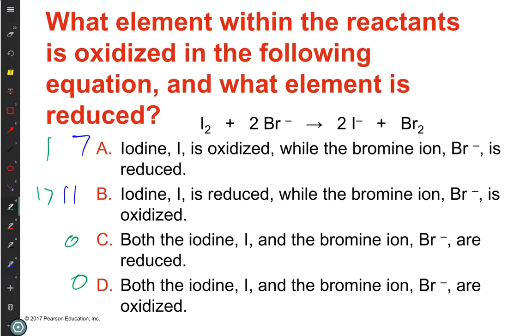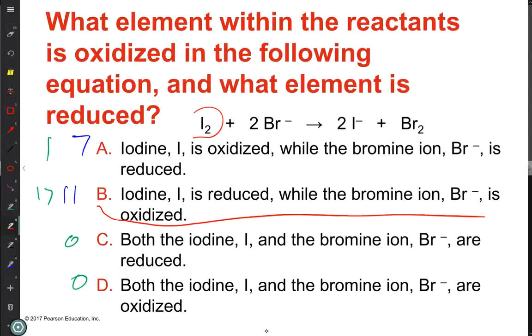So I chose B, because if you look at the iodine in the first one, it becomes a little negative sign. Okay, so it went from 0 charge to being negative. And so what did it do?